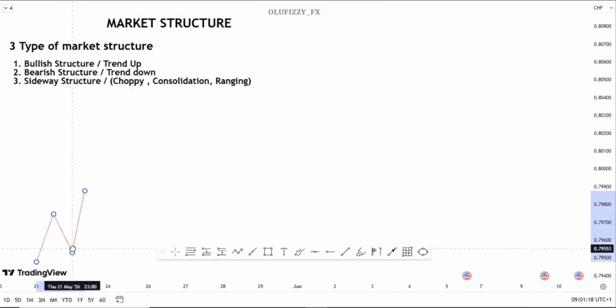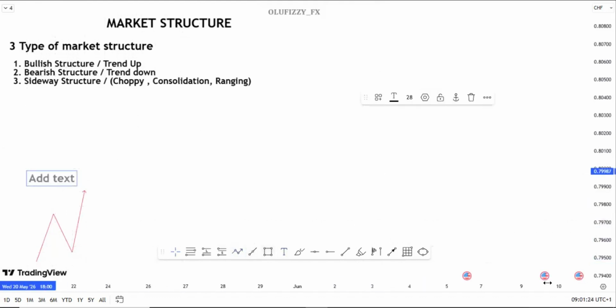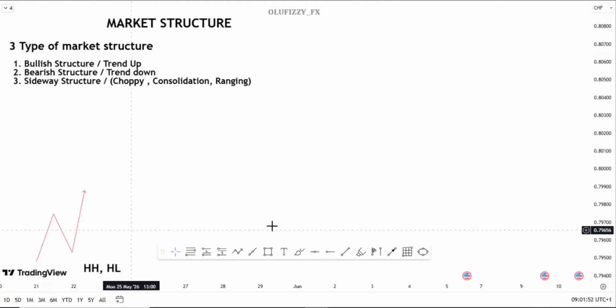Anytime you see markets creating higher highs and higher lows, that is how you can identify a bullish market structure. Higher highs and higher lows. So this is for bullish market structure. What does that mean?